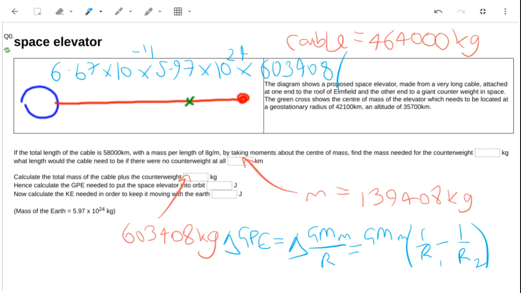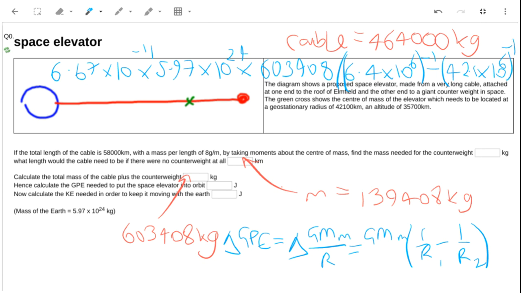The radius of the Earth is 6,400 kilometers, which is 6.4 times 10 to the 6 meters, and that's to the minus 1. And I take that away from the geostationary radius, which is 42,100. So 42.1 times 10 to the 6 to the minus 1.